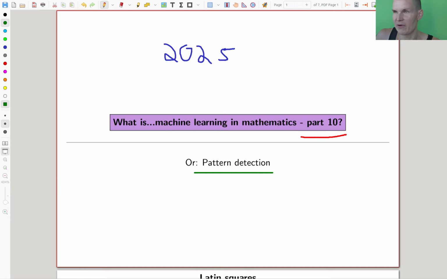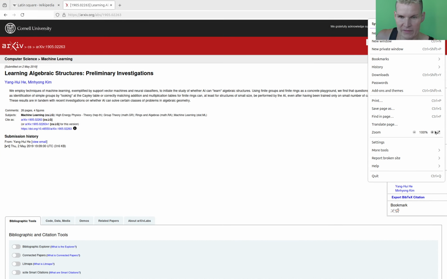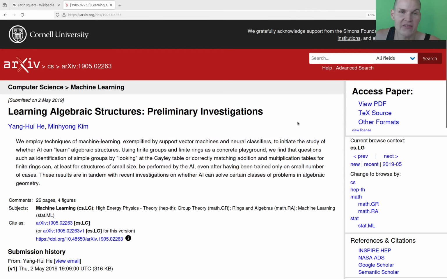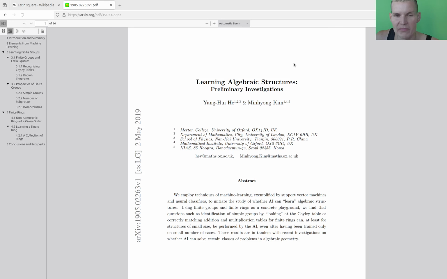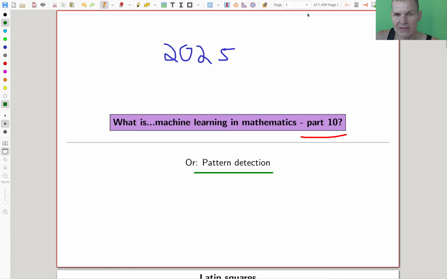So the paper I'm talking about is this one. And they are clearly very honest. They call it preliminary investigations. So we are not quite there yet. But anyway, we go through this paper, and I have one picture stolen from this paper. Anyway, so let's get started.